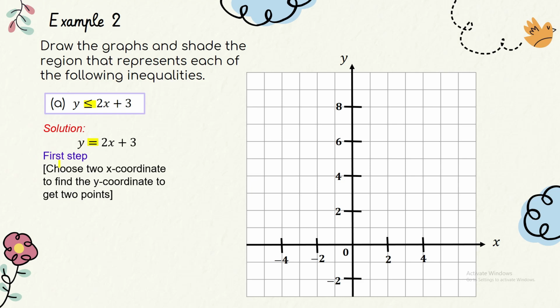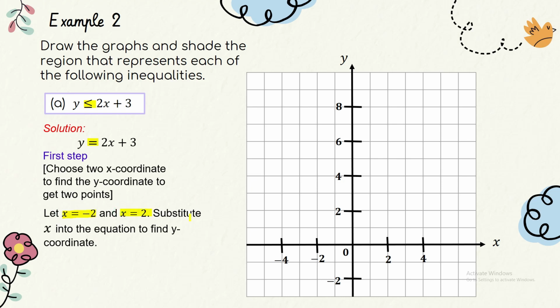And then the first step, choose 2 x coordinates to find the y coordinates to get 2 points. Of course, you need to find 2 points to draw a straight line. How? I will choose 2 x coordinates, which are x equals negative 2 and x equals 2.